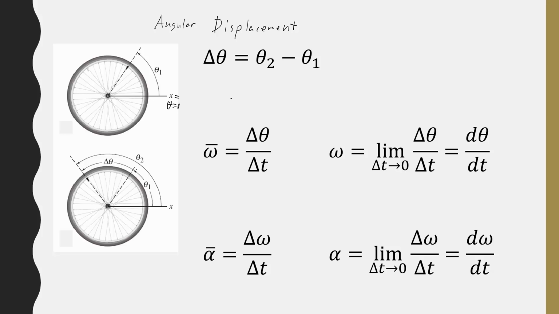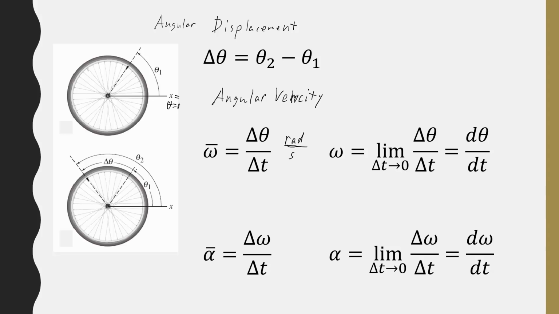Alright, here we've got your angular velocity. So rather than being meters per second, we are now looking at your angular displacement over time, and the angles here are typically going to be measured in radians, so this is going to be measured in radians per second. You can use degrees, which we have done up to this point this year, but radians are actually going to be nicer to use for this unit.